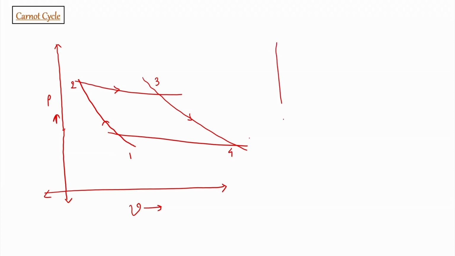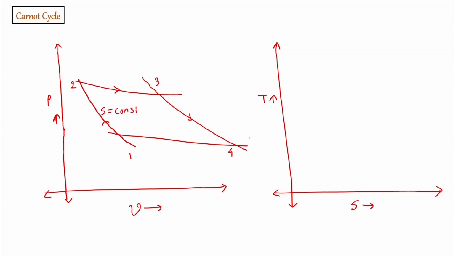So, let us draw the TS diagram for Carnot cycle, and here we have temperature on y axis and entropy on x axis. Process 1 to 2 is practically an entropy constant process. So, this process 1 to 2 is isentropic process, so it is a vertical line 1 to 2.